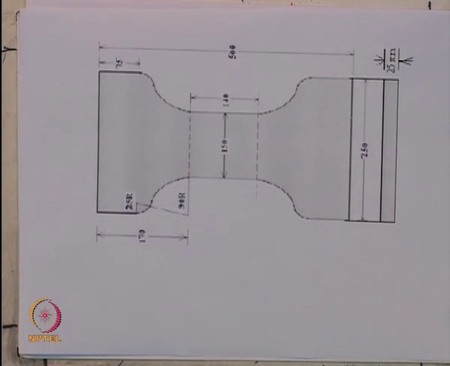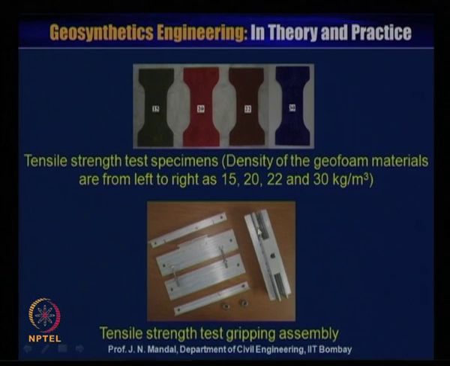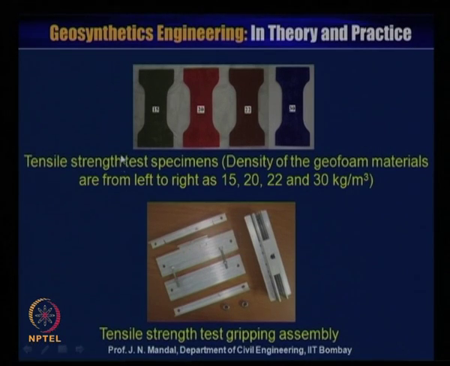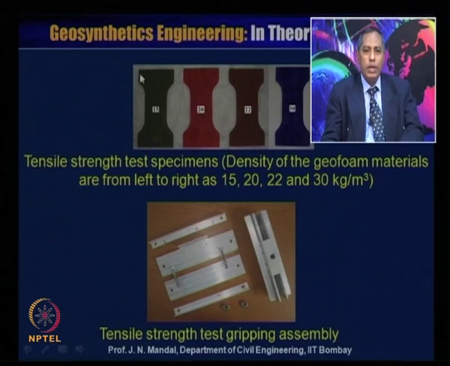So, we have developed this kind of gripping assembly. You can see this is the gripping assembly for the tensile strength test of the expanded polystyrene geofoam, and these are the different tensile strength test specimens whose geofoam densities are: this is 15 kg per meter cube, this is 20 kg per meter cube, this is 22 kg per meter cube and this is 30 kg per meter cube.